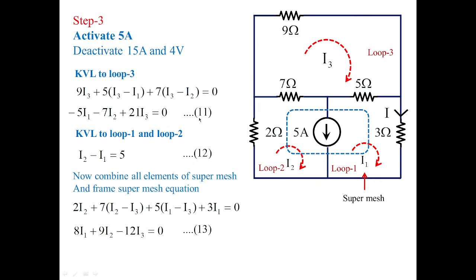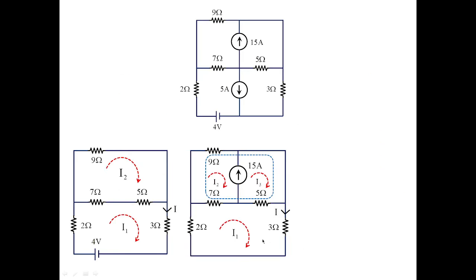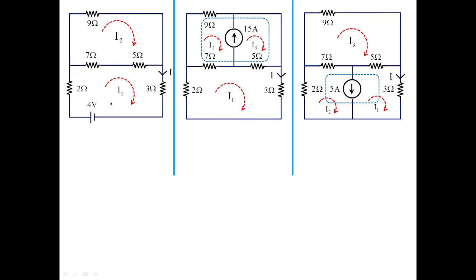So simplifying equations 11, 12, 13 will give you I1 is equal to minus 2.46, I2 is equal to 2.53, I3 is equal to 0.258 amperes. So 3 individual cases we have selected. We got the value for the first case, I is equal to 0.3943 amperes.